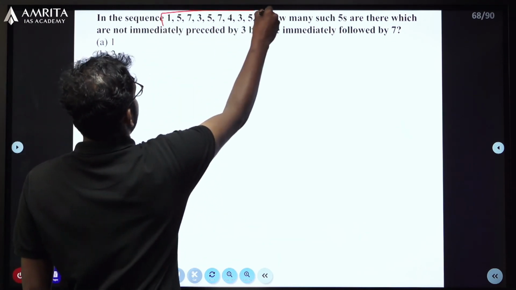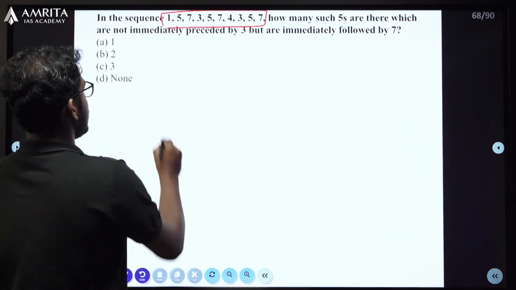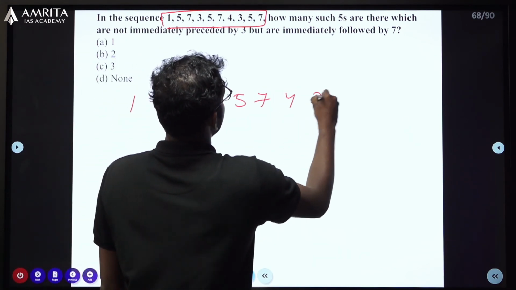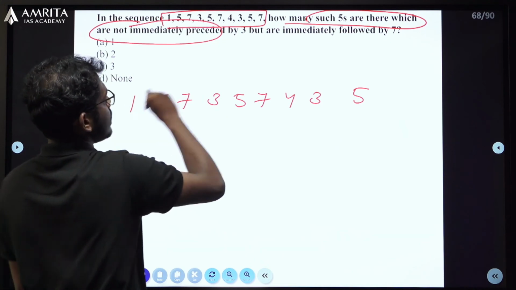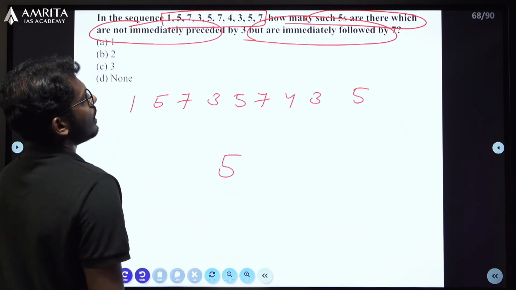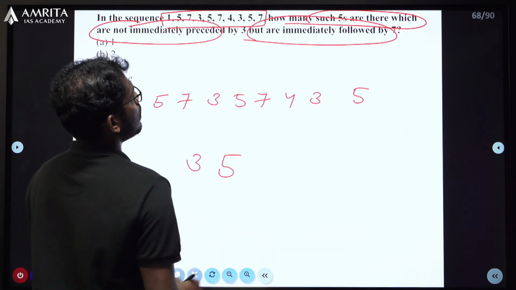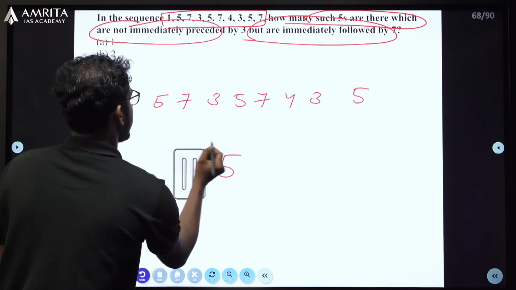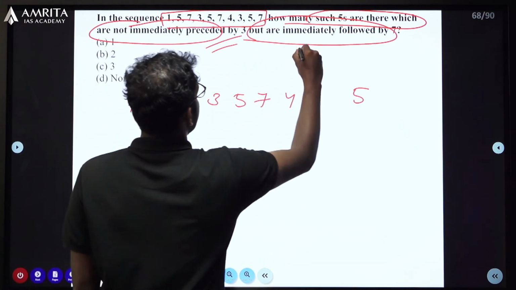In the sequence 1, 5, 7, 3, 5, 7, 4, 3, 5, how many such 5s are there which are not immediately preceded by 3 but are immediately followed by 3?